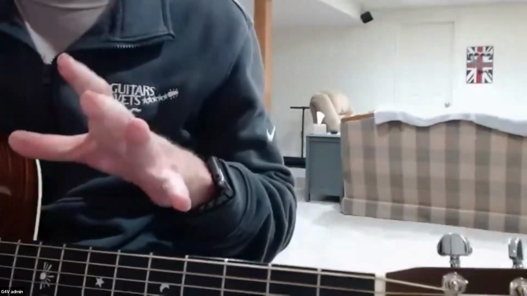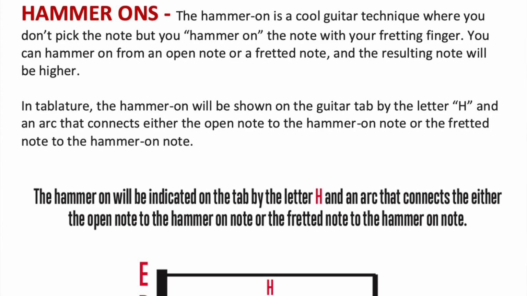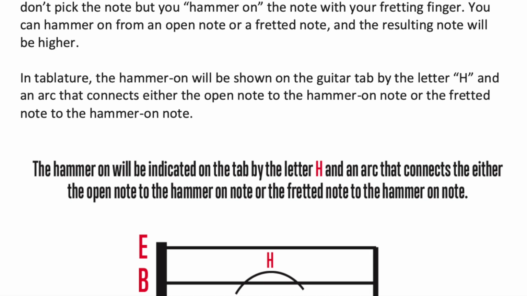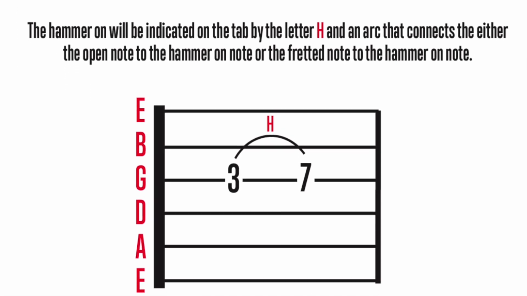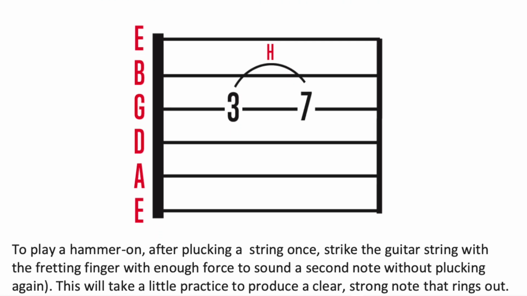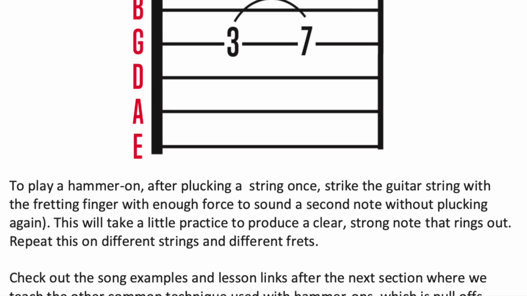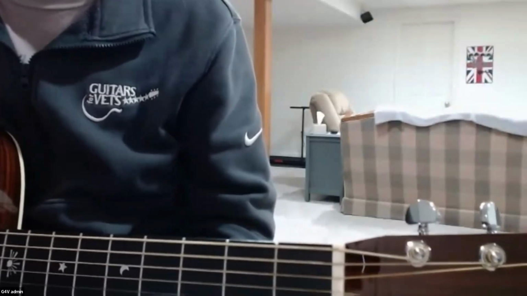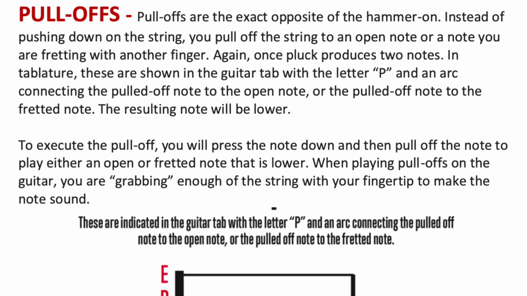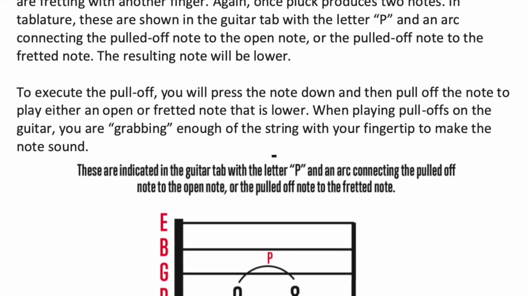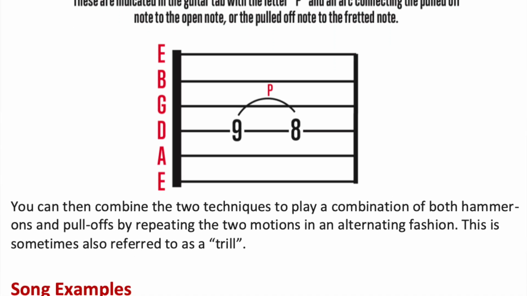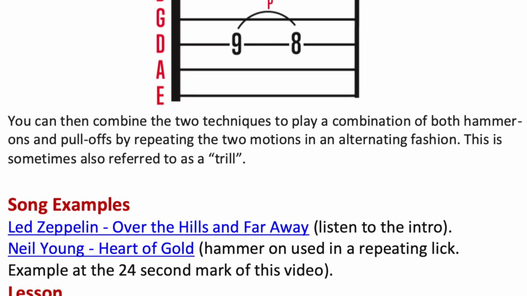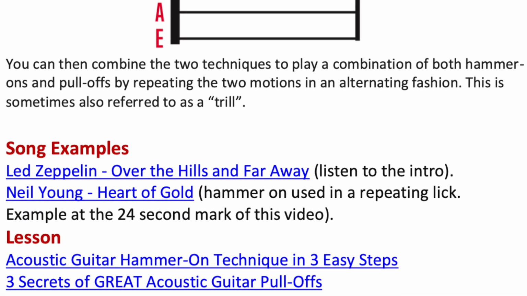So we just talked about hammer-ons and pull-offs. We went through the mechanics that are listed both in the PDF and in the YouTube videos supplied for each of the techniques. If you haven't looked at the lesson videos, those will help you with the mechanics. But just to summarize really quickly, with hammer-ons, pull-offs and slides, we're strumming a note once and we're getting two sounds.